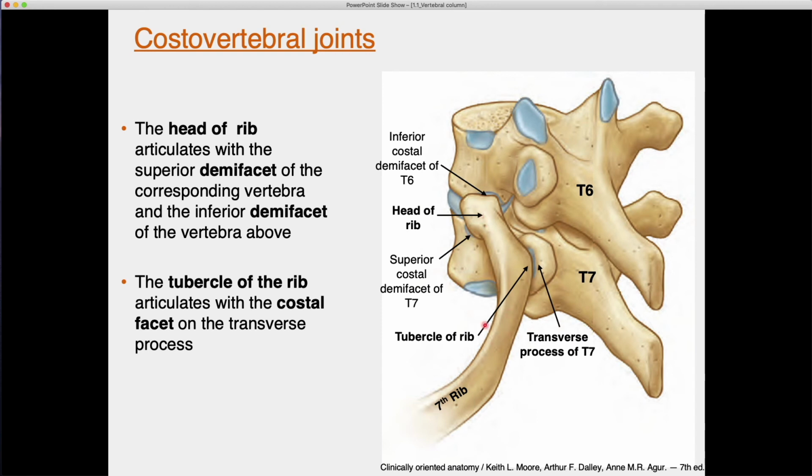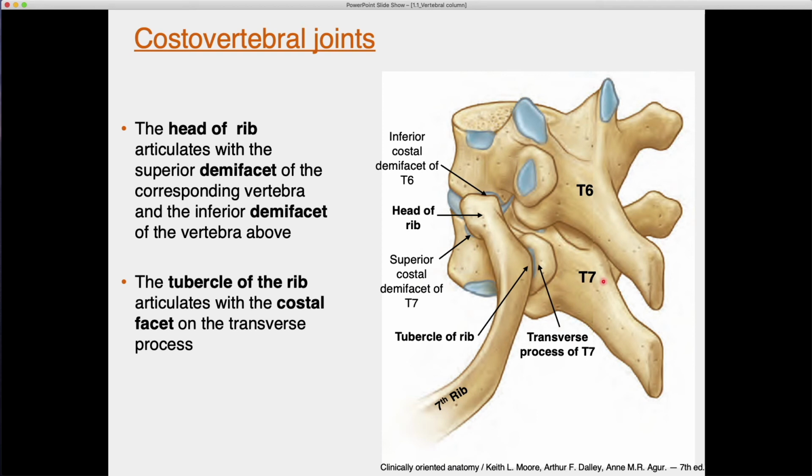The head of rib number 7 is articulating with the inferior costal demifacet in the body of the vertebrae above, in this case T6, but it's also articulating with the superior costal demifacet of the corresponding vertebrae. In this case, because this is rib number 7, it's going to articulate with thoracic vertebrae number 7.